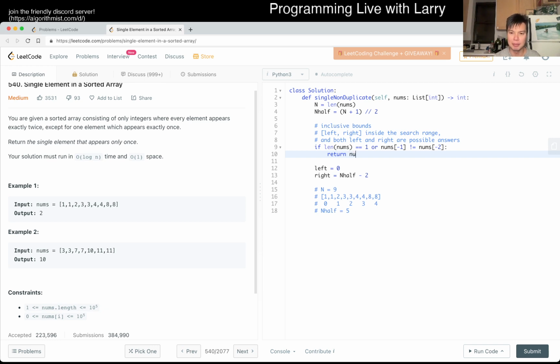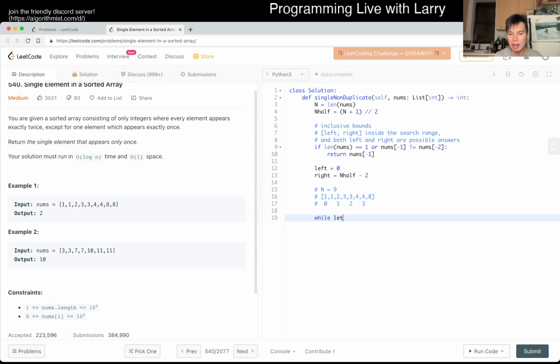I was thinking whether it can be either this one or this one, but this one doesn't make sense, because then by pigeonhole, the last number has to be that. Okay, so now we eliminate this part. Now we can get rid of the last number, and that makes our problem a lot easier, or at least easier to write.